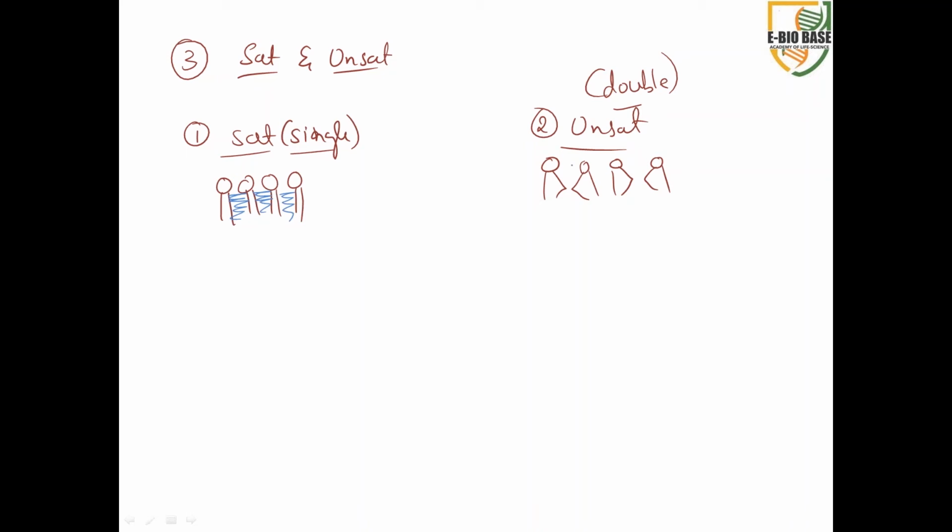In case of unsaturated, the distance between two phospholipids is more. Here the interaction is more, but here again it is less. Here again it is very less, and here more, and again less.